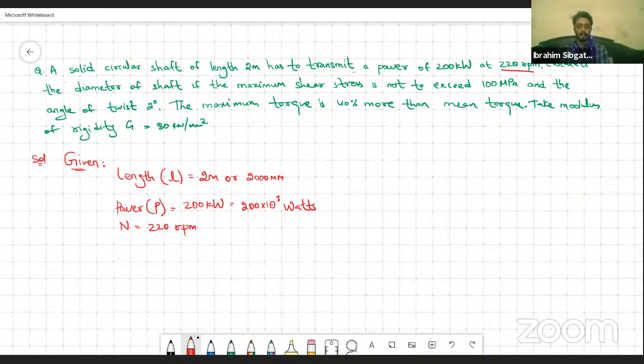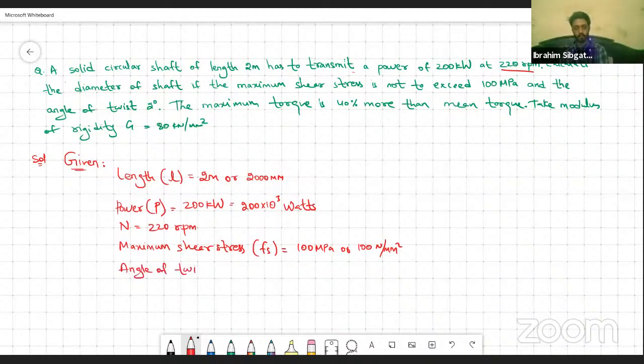Then the next thing is the diameter of the shaft, which is not given, but the maximum shear stress is given. So write it down: maximum shear stress Fs equals 100 MPa, or 100 Newton per mm square. We can replace MPa with Newton per mm square. Next is the angle of twist.